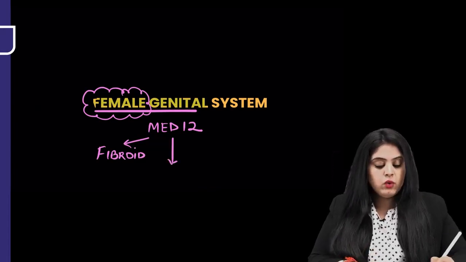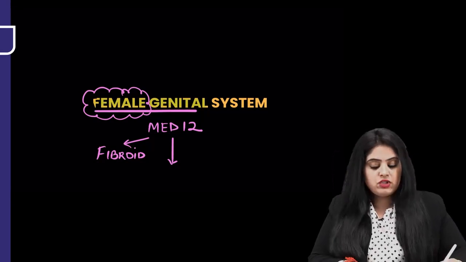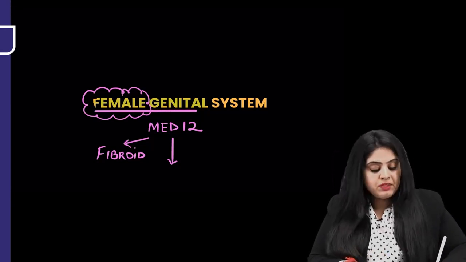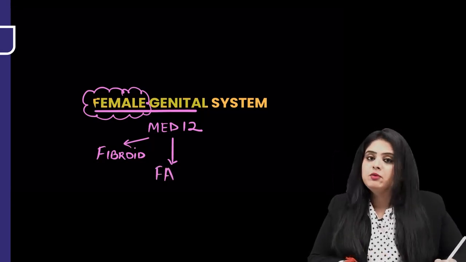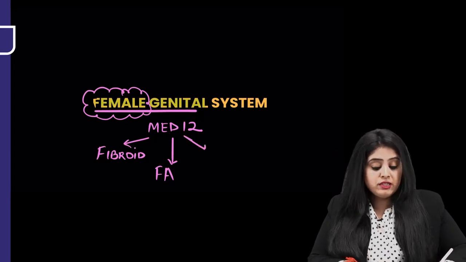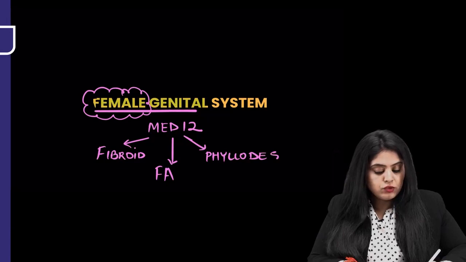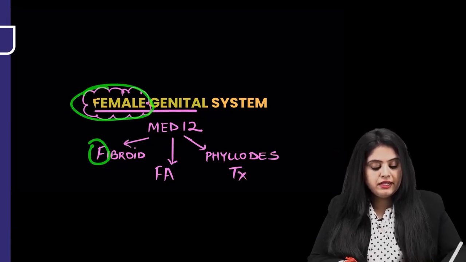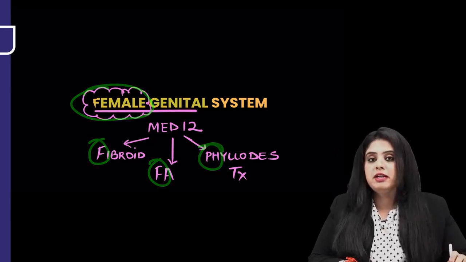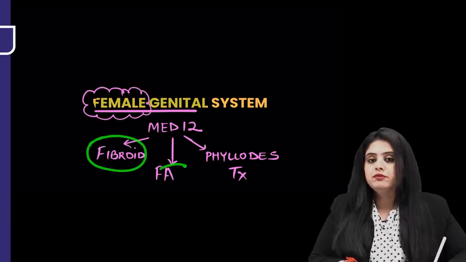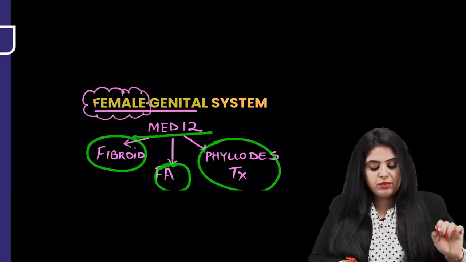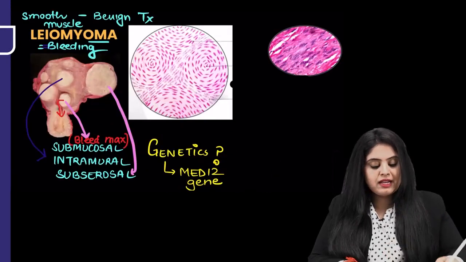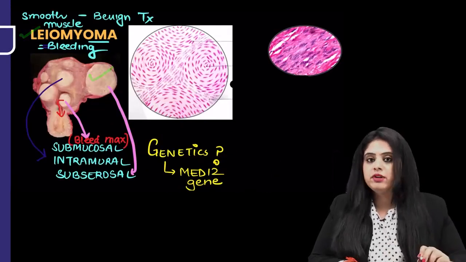After that, when you go on to the breast chapter, that is female again, you have fibroadenoma. Fibroadenoma can show you MED12 mutation. In the breast, you also have another tumor called Phyllodes tumor that can also show you MED12 gene mutation. So overall, all the female related F things are going to show me MED12. The fibroid in the uterus, fibroadenoma and Phyllodes in the breast, that shows you MED12. So coming back, this was leiomyoma, fibroid, it shows you MED12.